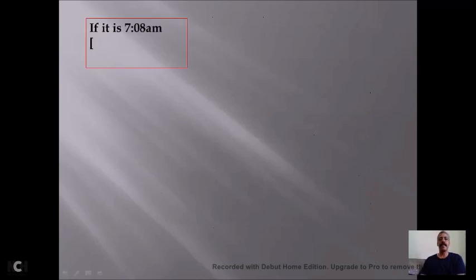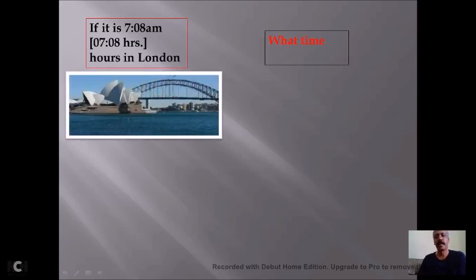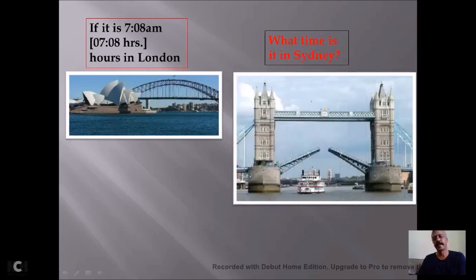If it is 7:08 a.m., meaning 7-8 hours in London, what time is it in Sydney? Yes, it's according to the map. You must look at your map. You will see Sydney. Okay, it will be to the east of London.